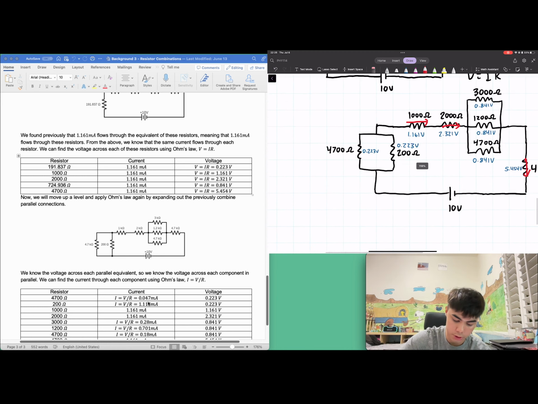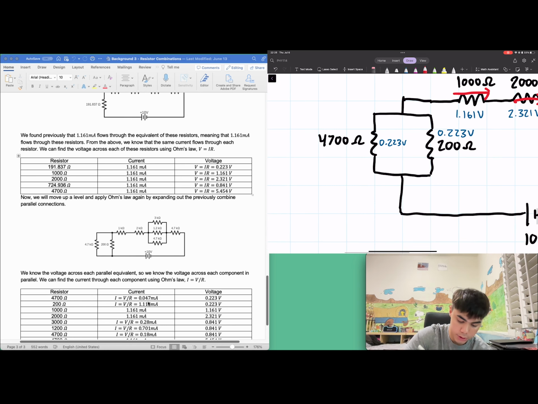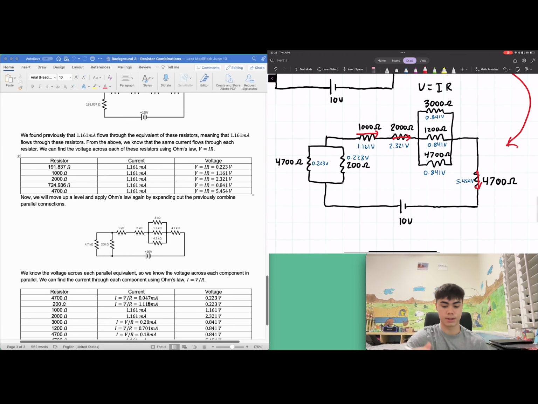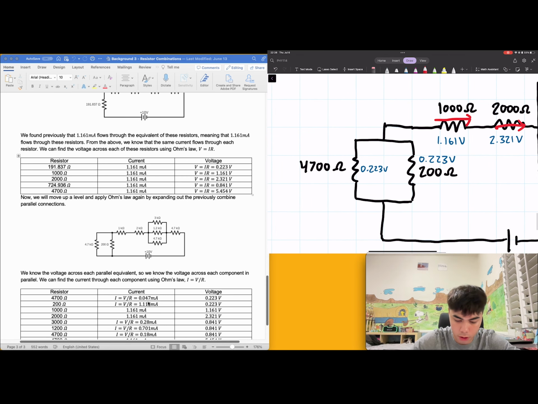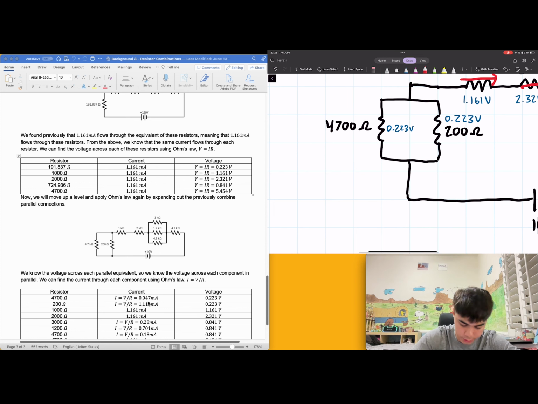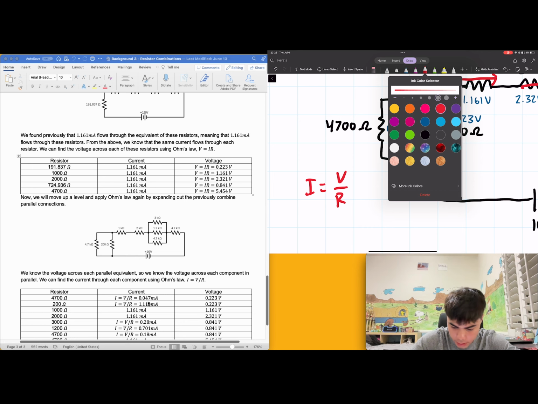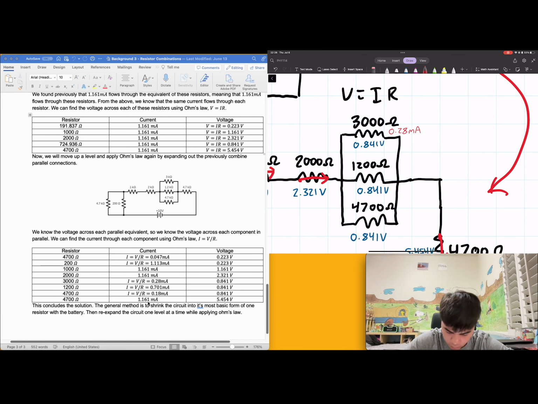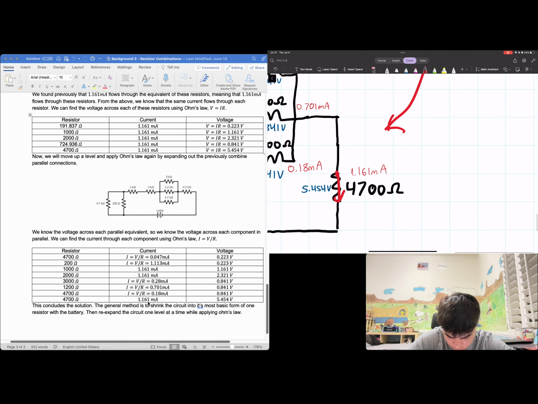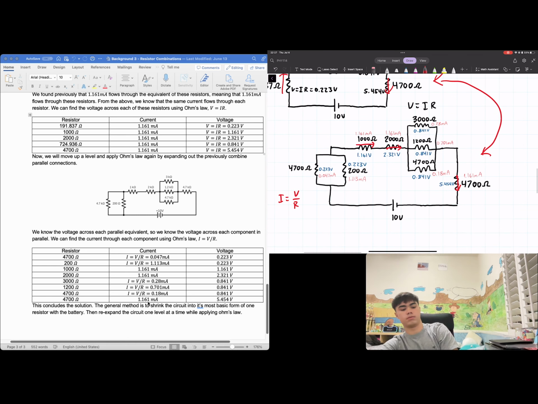So we really have to calculate the current through each of the resistors that we're splitting up into parallel combinations. To do that, we just use Ohm's law again. So we use I equals V over R, and then what we calculate is this. I hope that concludes how to solve this problem.